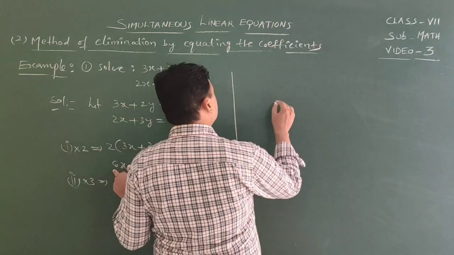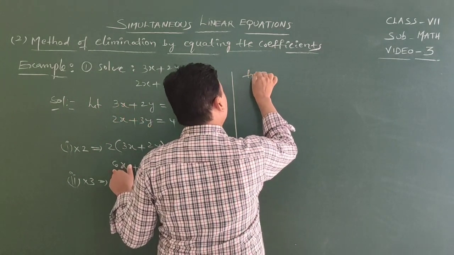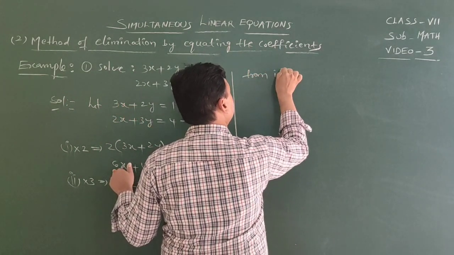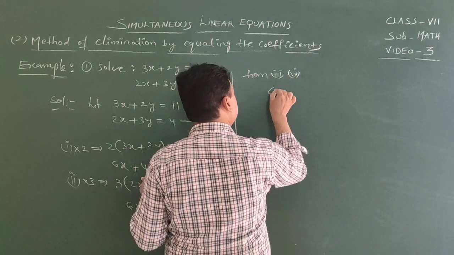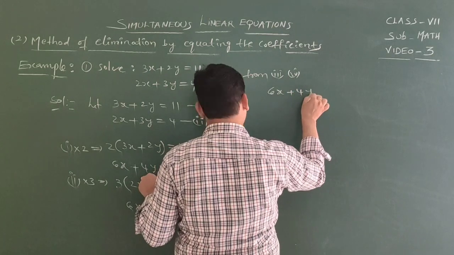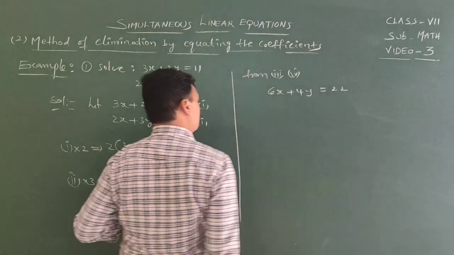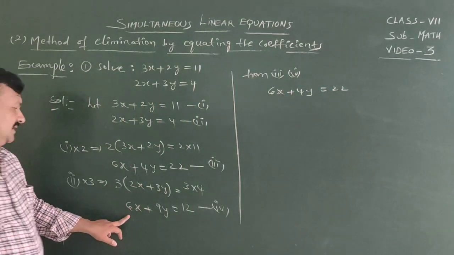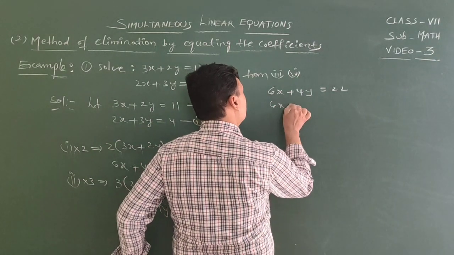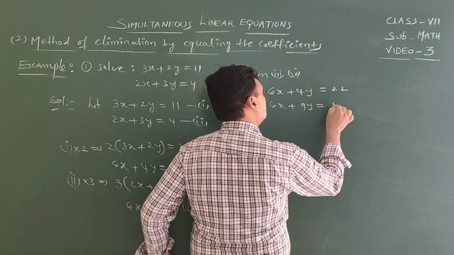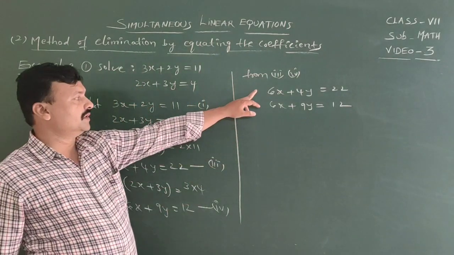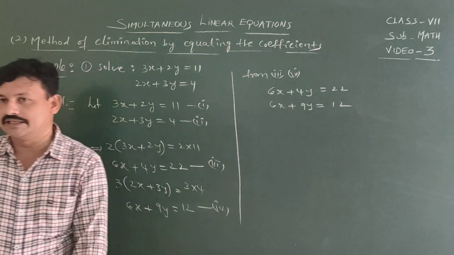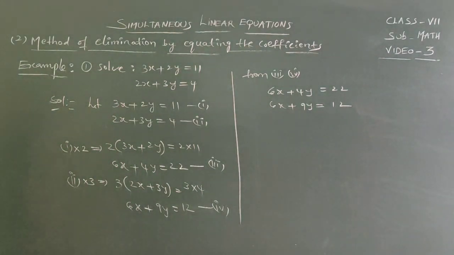Now from third and fourth equations, here 6x plus 4y equal to 22. Here 6x plus 9y equal to 12. Now these two coefficients of x are equal with the same sign.